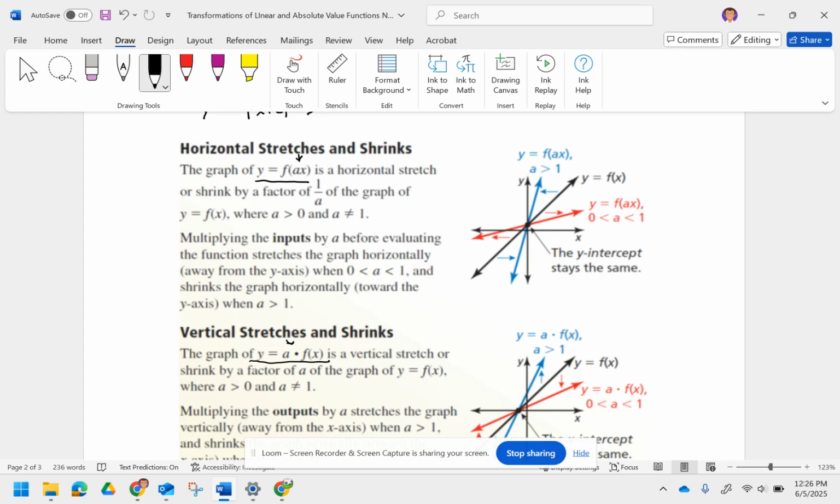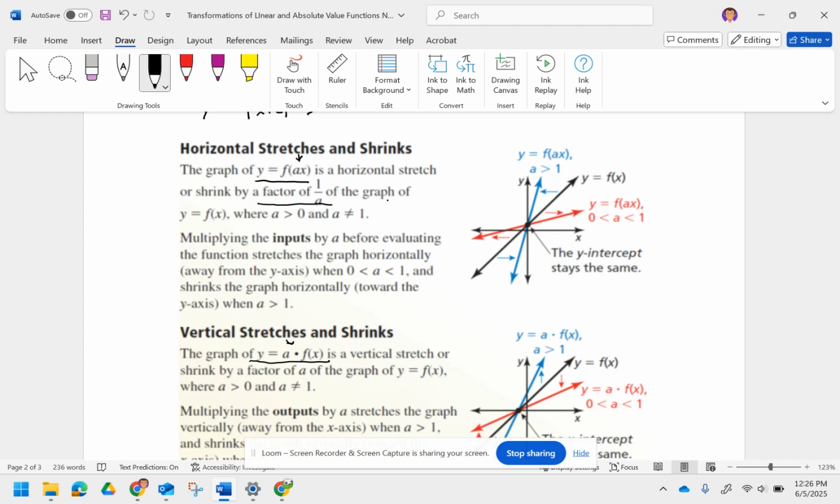So if we are multiplying our input x by an a inside of the input, that's going to create a horizontal stretch and shrink. A special thing to pay attention to is by a factor of 1 over a. So it doesn't stretch or shrink by a factor of a, it stretches and shrinks it by a factor of 1 over a. Okay.